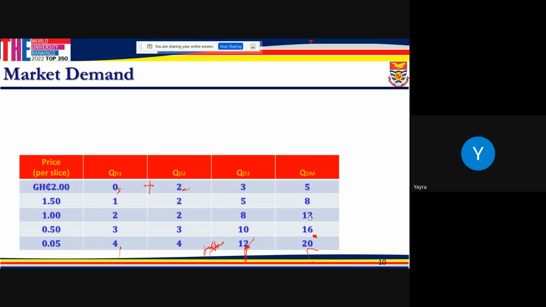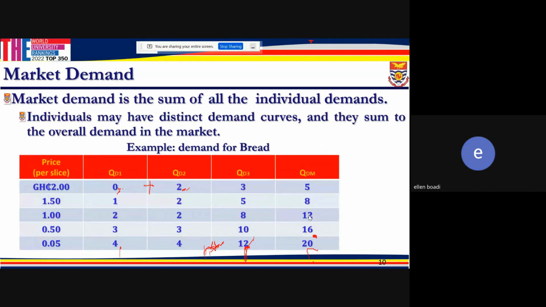Yes, madam. We say that the market demand is the sum of all the individual demands. Individuals may have their distinct demand curves that show the relationship, at various prices, of the quantities they will buy.